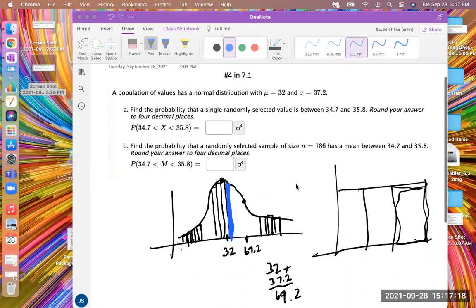then what happens when we think about getting a sample? Let's say you have a population of men, and you're focused on their heights.